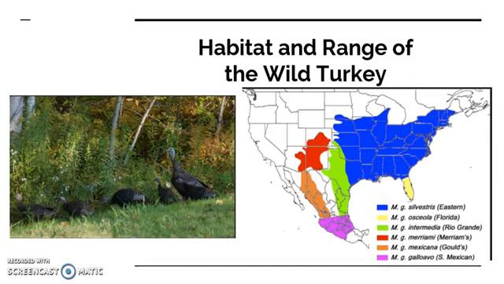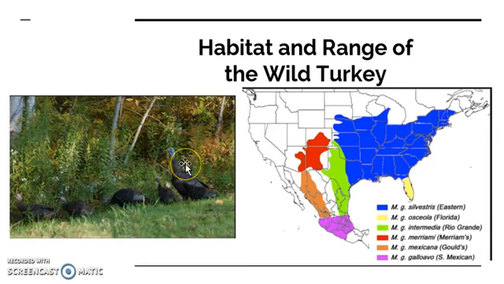The first slide is about the habitat and range of my organism. So my organism's range is the eastern and southern parts of the U.S., and there are even subspecies that live all the way down in Mexico. Within this range, their particular habitat is in meadows and also in the undergrowth of coniferous forest and hardwood forest.